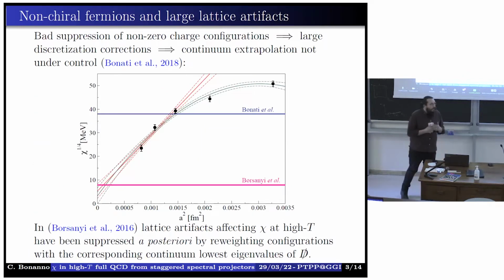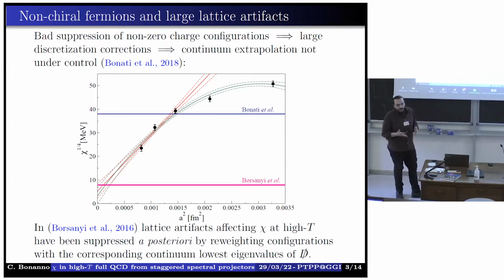So why is this a problem? Well, this bad suppression implies that large cutoff effects appear if we consider the continuum scaling of the topological susceptibility, especially at high temperature where we expect it to be suppressed as a power of the temperature.